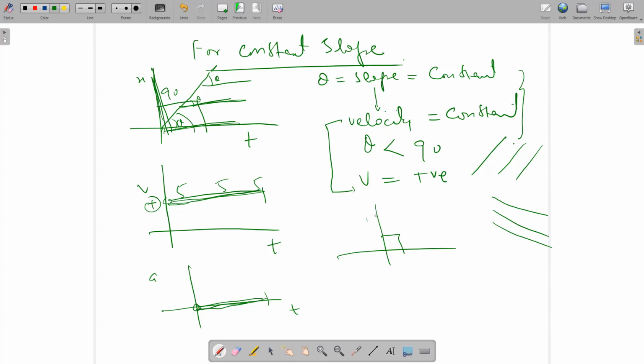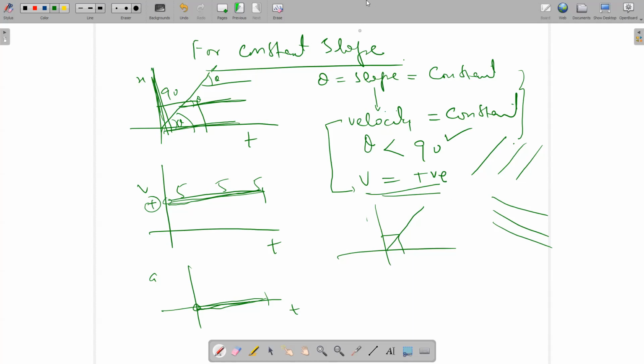If I put this line here, then will this be greater than 90 or less than 90? Less than 90. So I write here less than 90. If it is less than 90, then v will be positive. Okay. Thank you so much.